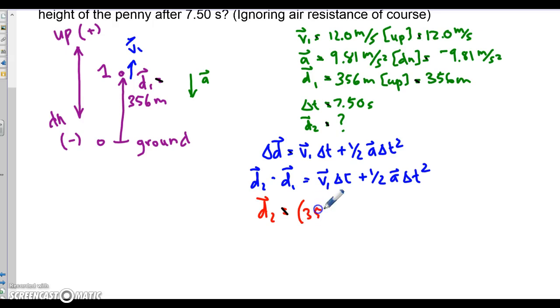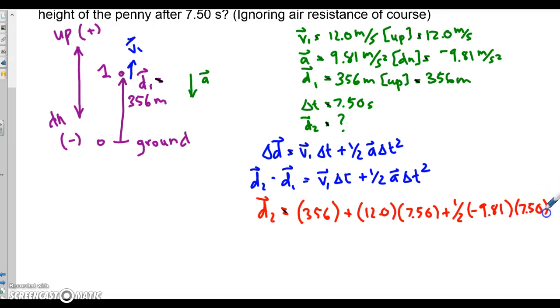d1 was 356 meters. v1 was 12 meters per second. Time was 7.5 seconds. Plus 1/2. Acceleration is negative 9.81. And the time again is 7.50 squared.